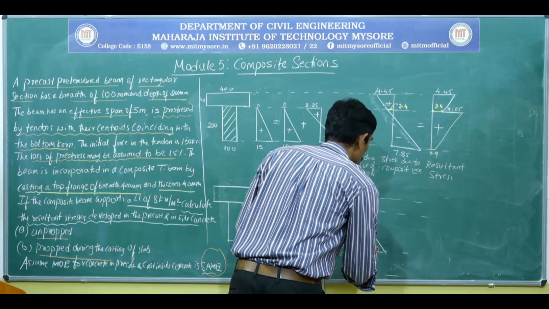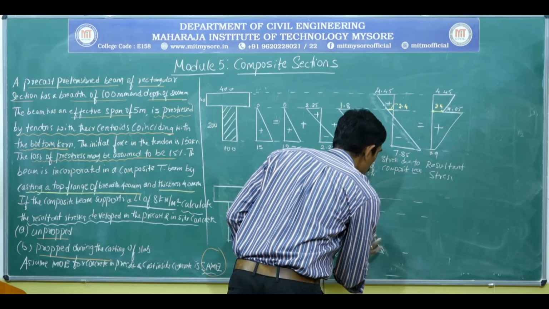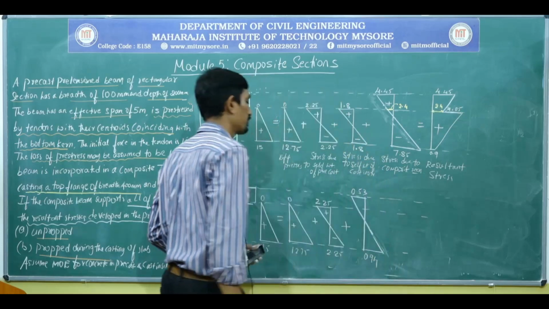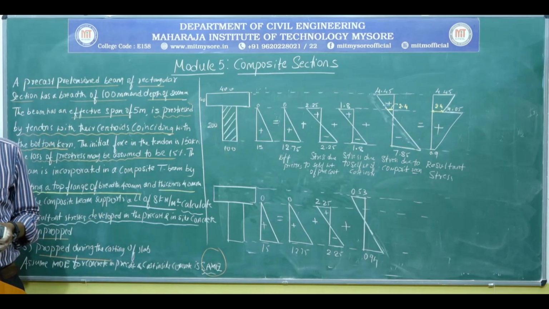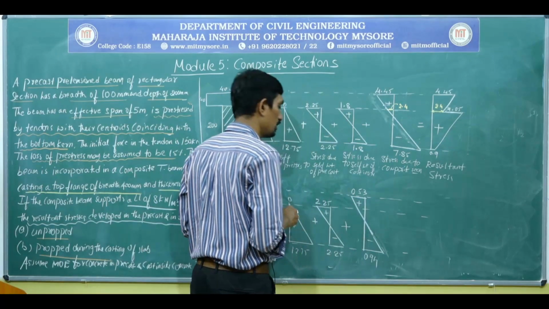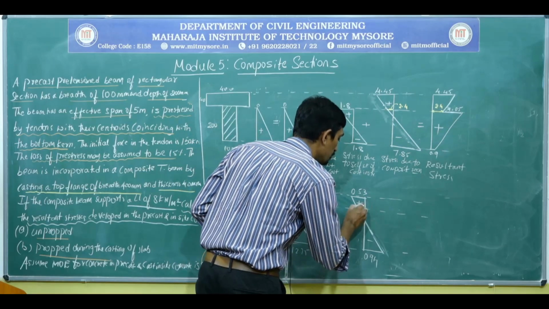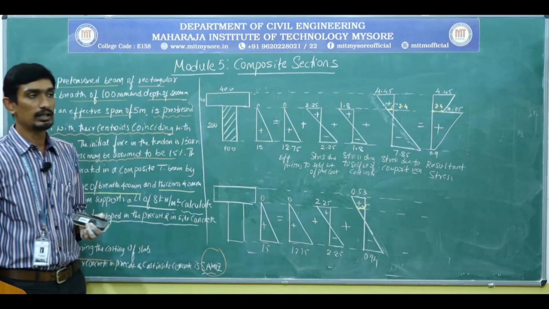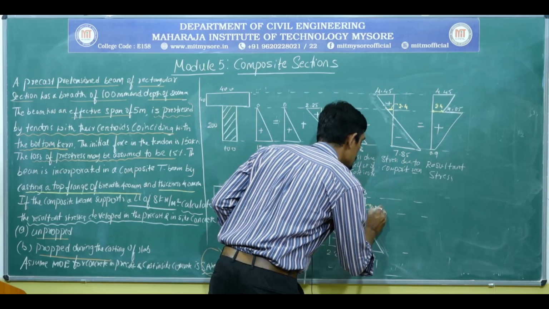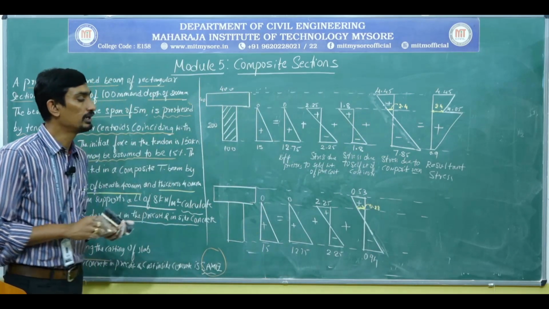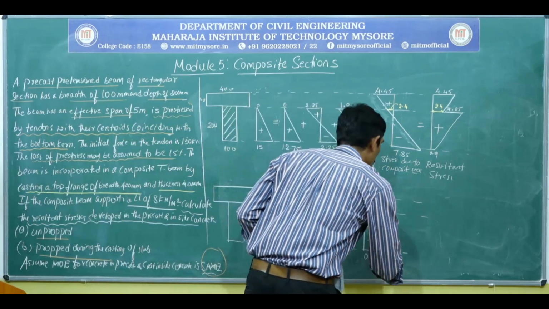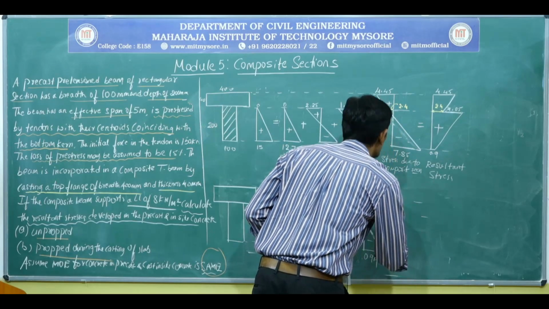This is 0.53 and this is 0.94. This is the only change. And you need to calculate this value once again. Interpolate and calculate that value, and that value is 0.28. This value is 0.28.